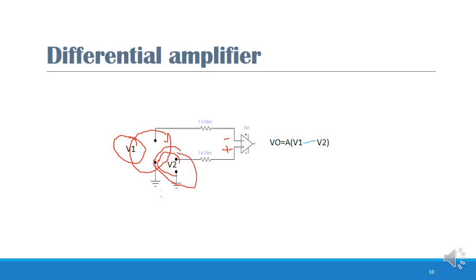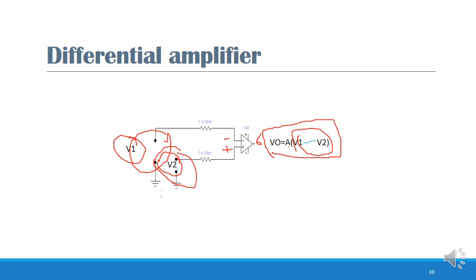V1 is the input for the inverting terminal and V2 is the input for the non-inverting terminal, and the output is taken across pin number 6. And what is the output equal to? V output is equal to A into the difference, here you see till now what I have written A into V1 and A into V2, but here it is A into, in the bracket, V1 minus V2.